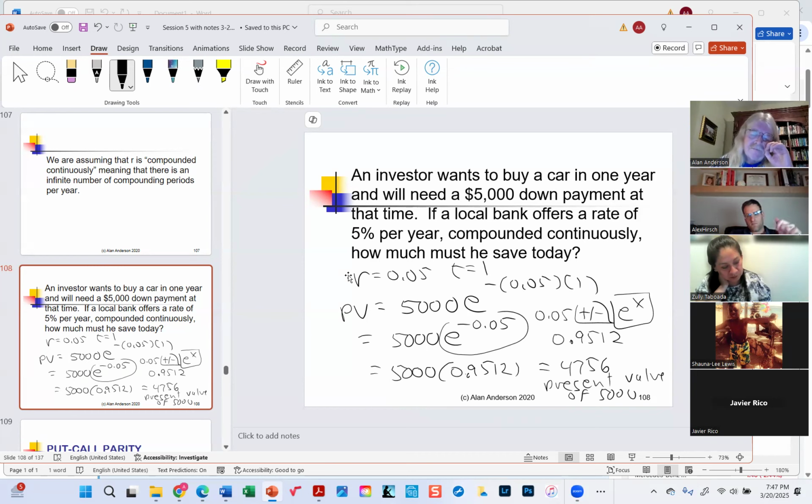If it was compounded annually, what you would actually be doing is taking 5,000 and dividing it by 1 plus 0.05. But that's not the case here. We're using continuous compounding. So we have to make sure we use e to the x like this. And so all of these derivatives formulas are using this to calculate the present value of future cash flows.